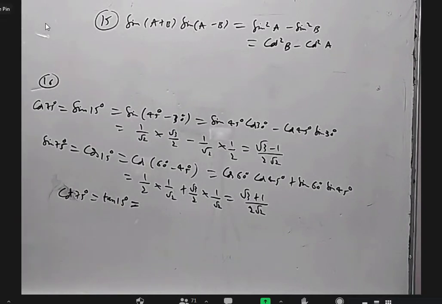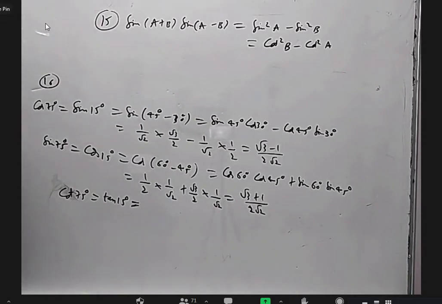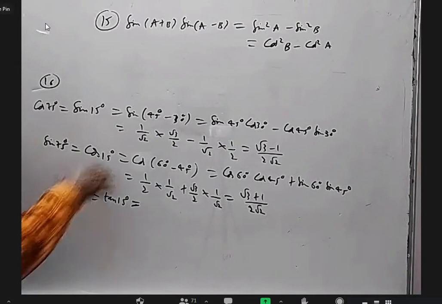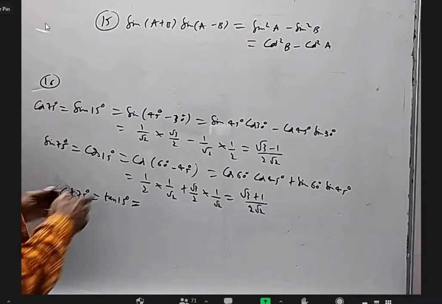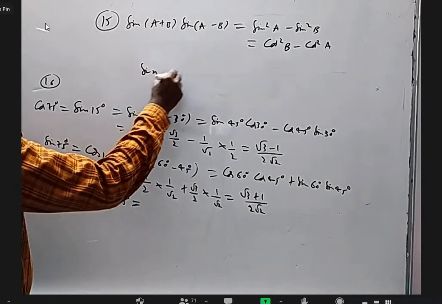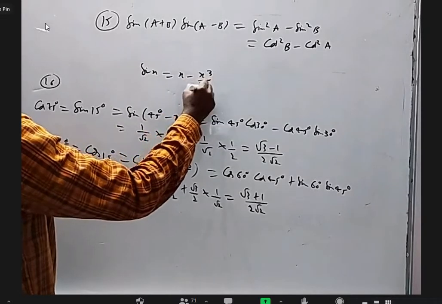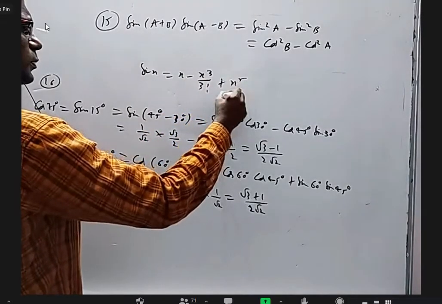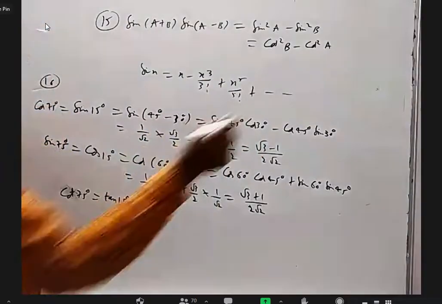Sir, how did they get that value, sir? Yeah, that's a good question. How could they find every value? Actually, there are some expansions. Of course, these are in radians, which will be discussed a little later. For example, sin x, you can write x minus x cubed by 3 factorial plus x power 5 by 5 factorial. Like that, there are some expansions.